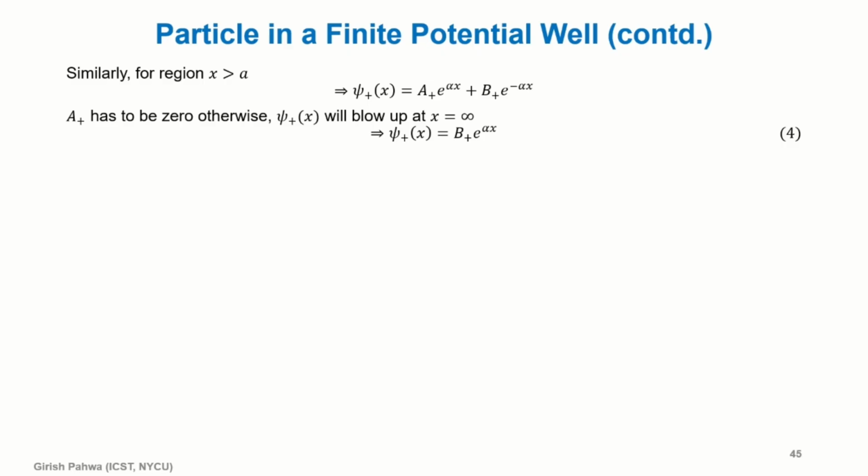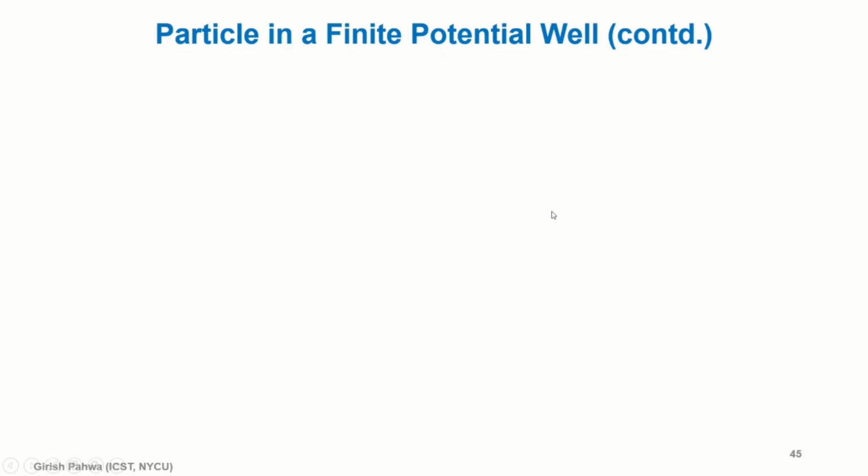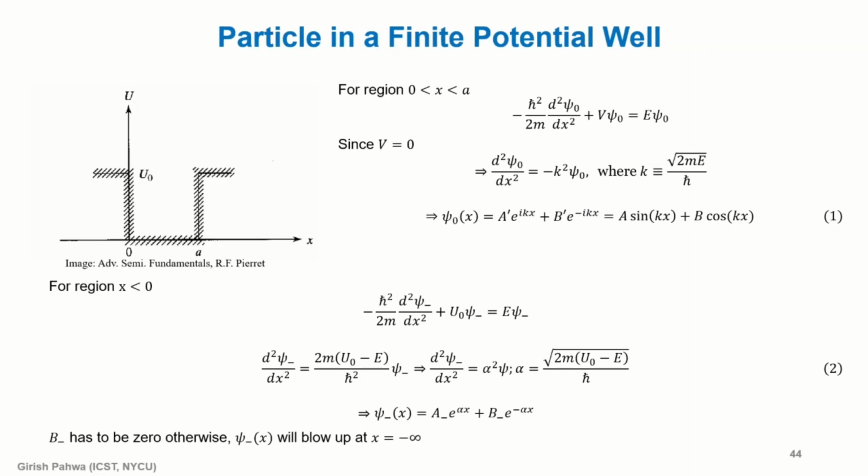So now you have seen all the three regions, right? In this region, I have some kind of a sine and cosine, some kind of an oscillation, a combination of that. So I will have some oscillations of the wave function here.